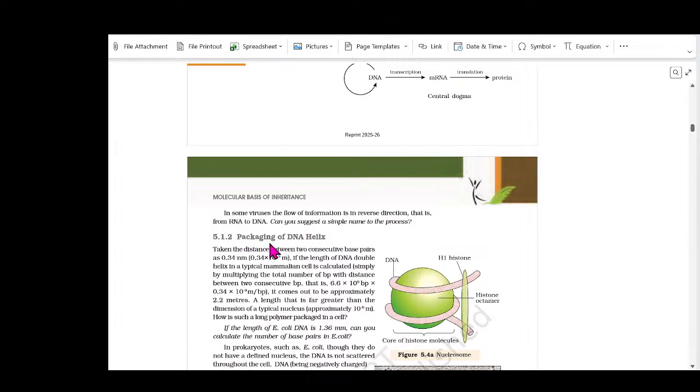5.1.2 Packaging of the DNA helix. Take the distance between two consecutive base pairs as 0.34 nanometer.